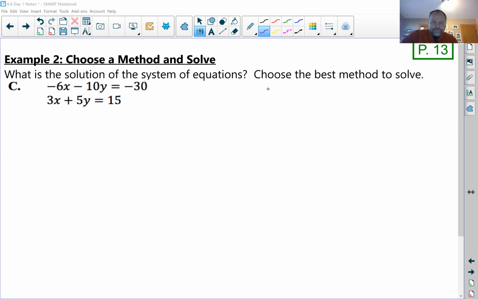All right. Again, we have a majority. And the majority chose elimination. Sometimes I think some of you just click one just to click it, but maybe not.